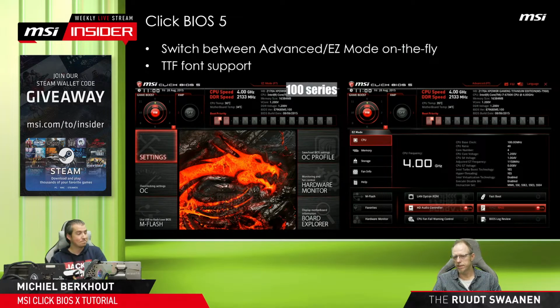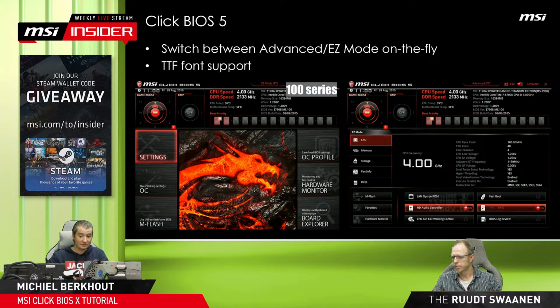Don't expect any feature updates on Click BIOS 5 anymore, so only bug fixes and security updates. Maybe sometimes, for example, when AMD has a certain feature in a new AGESA version, those kinds of things you can still expect. But the MSI focus on fine-tuning the BIOS will now shift to the new Click BIOS X.